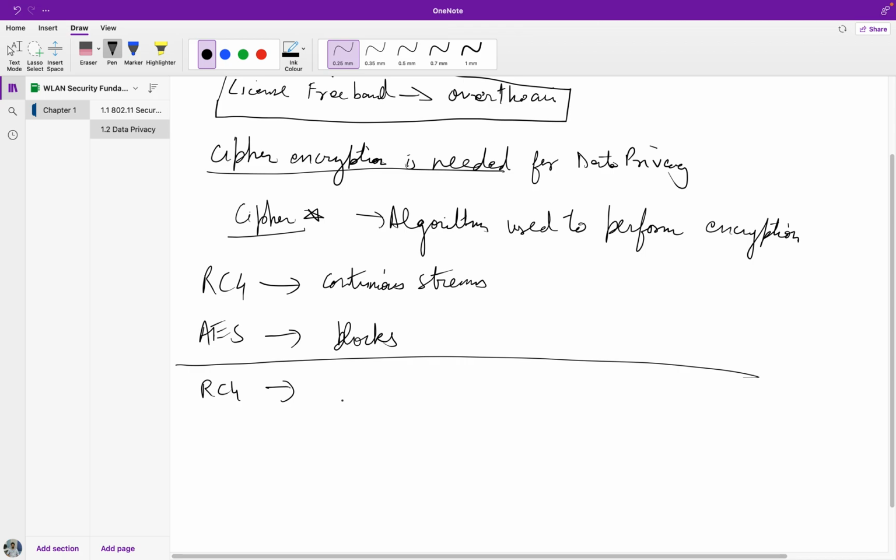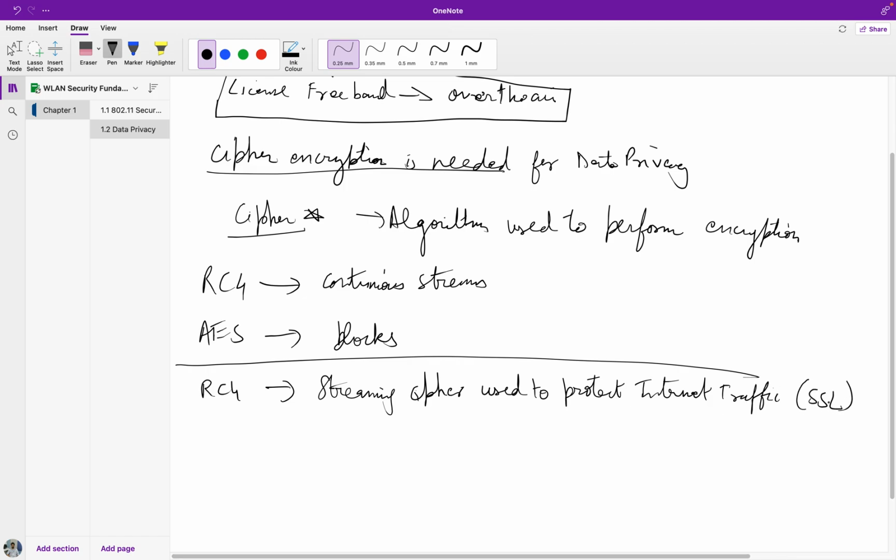It's a streaming cipher used to protect internet traffic, for example SSL, secure socket layer.